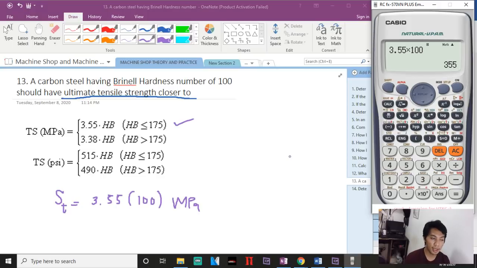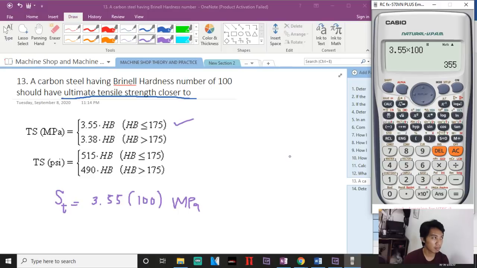And likewise, kapag mas mataas siya ng 175, all you have to do is to multiply it with 3.38. Okay? Again, what is Brinell hardness number? Yan yung nagpapakita ng material mo if that is brittle, ductile, or very hard. Mas mataas na Brinell hardness number, mas matigas ang material.